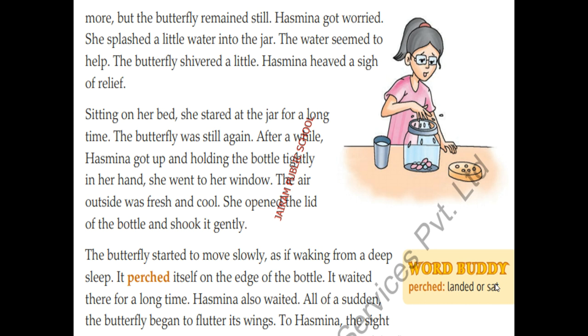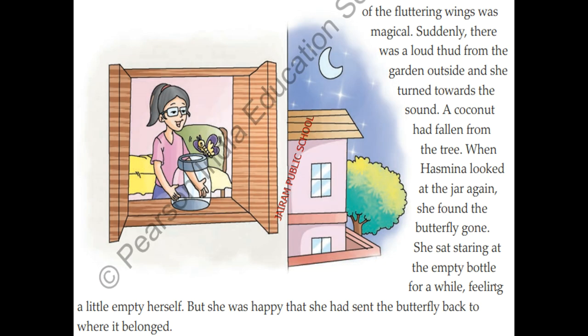It waited there for a long time. Hasmina also waited. All of a sudden, the butterfly began to flutter its wings. To Hasmina, the sight of the fluttering wings was magical. Suddenly, there was a loud thud from the garden outside and she turned towards the sound.